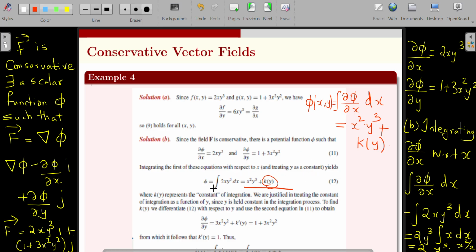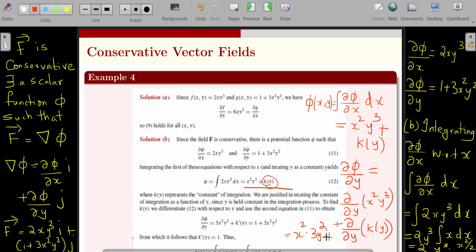Differentiating, we get ∂φ/∂y equal to ∂/∂y of x²y³ plus ∂/∂y of k of y. ∂/∂y of x²y³ will be x² into ∂/∂y of y³, which is x² into 3y², plus ∂/∂y of k of y; k is a function of y only, so it will be k'(y).